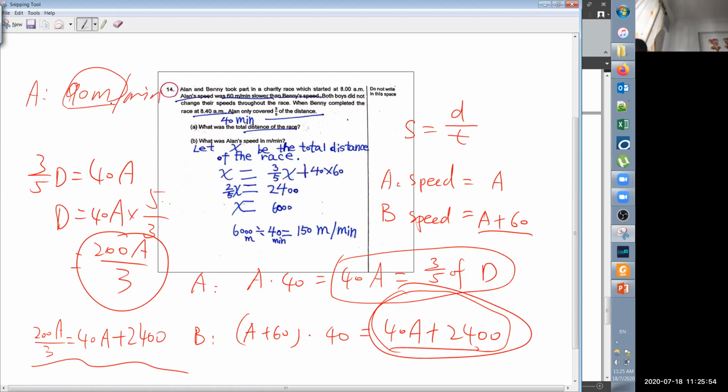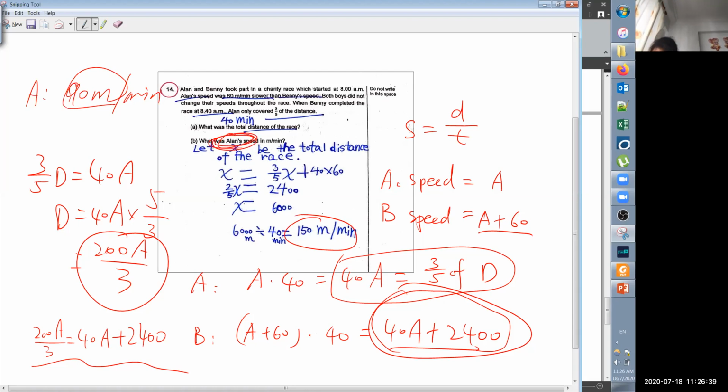So what is the total distance then? 90 times 40. 6,000. Okay, good.